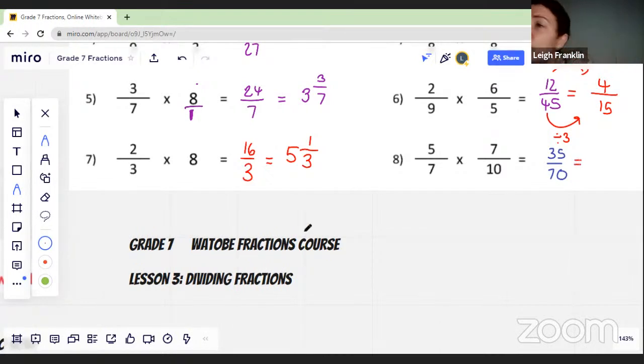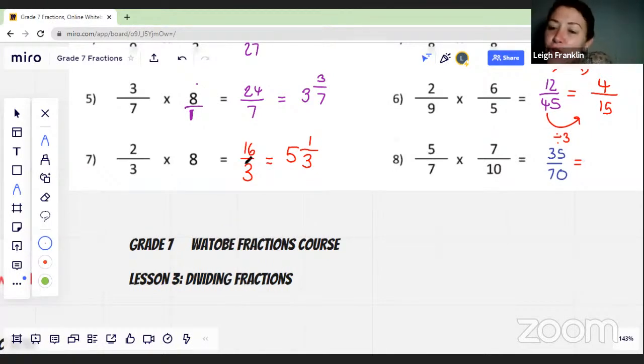Stembiso, what would you divide by? I'll also divide by 5, ma'am. You also divided by 5. Do you know that there's a much bigger number that we can divide by? 35. One half. That's correct. The answer is going to be a half. Okay, so 35 is half of 70.